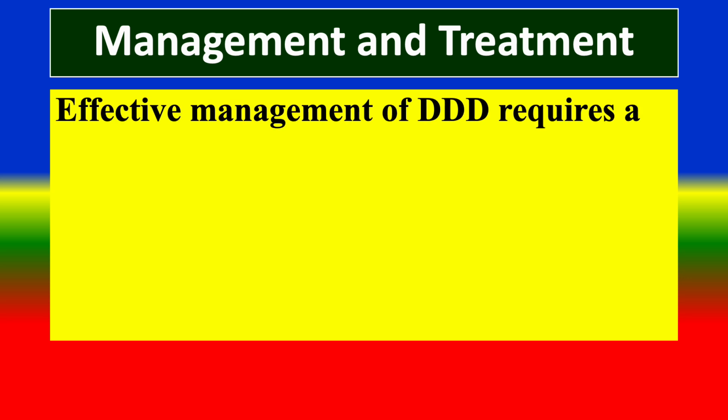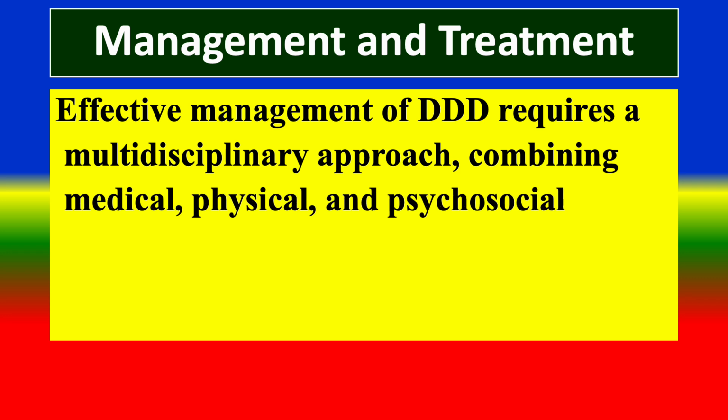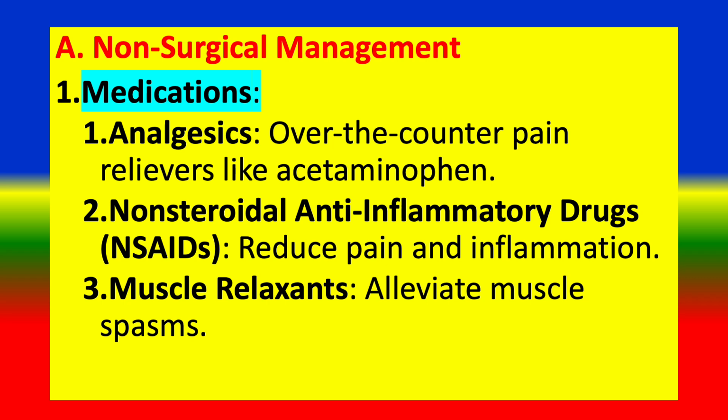Management and treatment. Effective management of DDD requires a multidisciplinary approach combining medical, physical and psychosocial strategies. A. Non-surgical management. Medications. 1. Analgesics or over-the-counter pain relief like acetaminophen. 2.